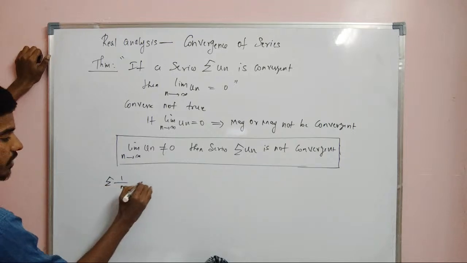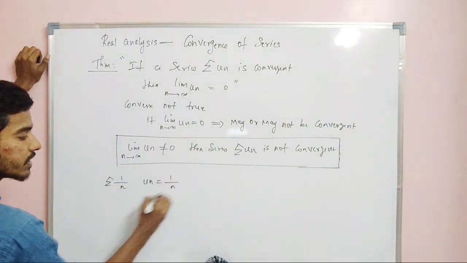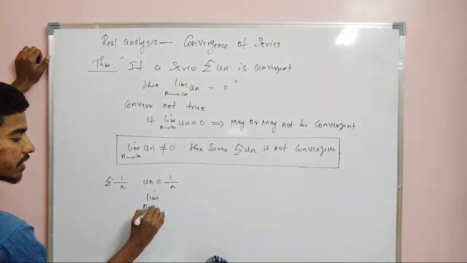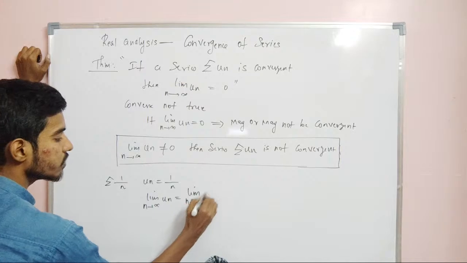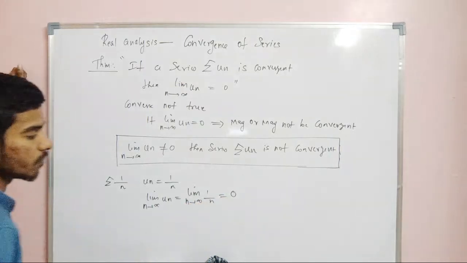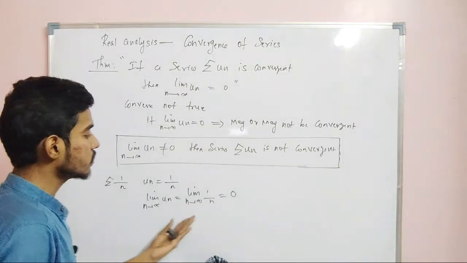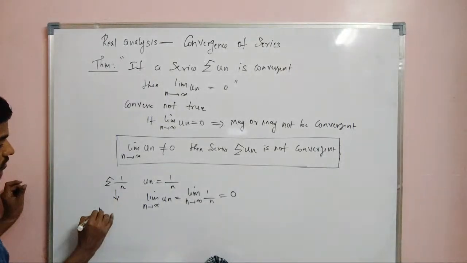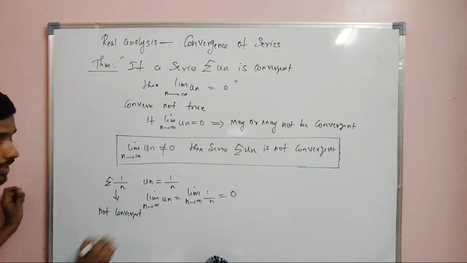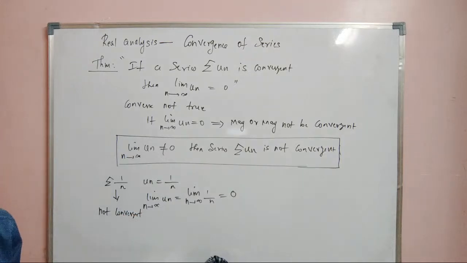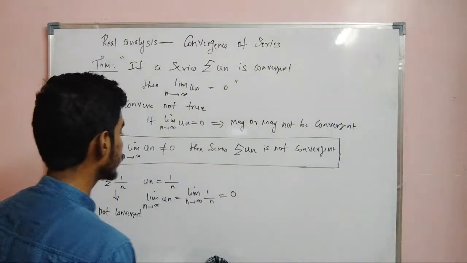So for this series, you can see our un is 1 by n here. Now the limit as n tends to infinity of un is nothing but the limit of 1 by n, which is equal to 0. So it is equal to 0, but the series is not convergent, which we will prove later. The series summation 1 by n is not convergent. As a sequence, 1 by n is convergent, but as a series, summation 1 by n is not convergent.